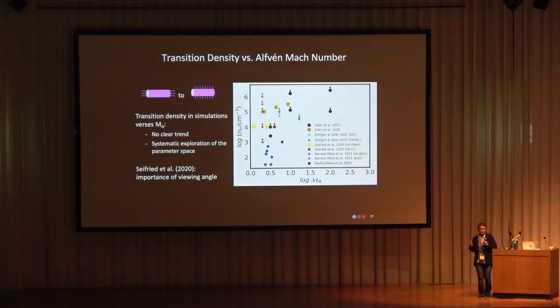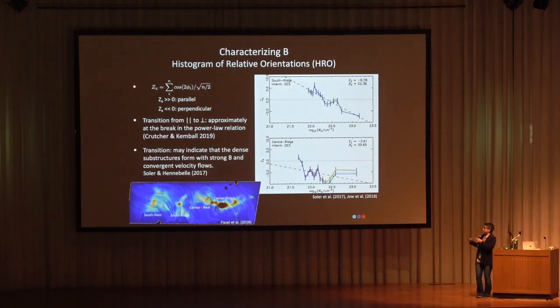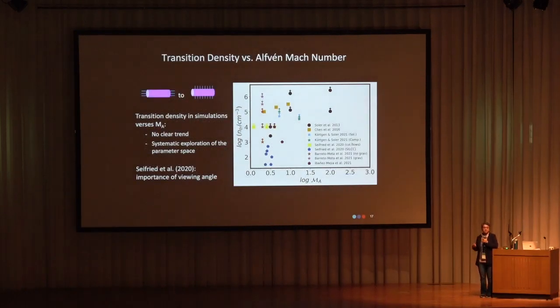So this transition may indicate that there are convergent velocity flows and may have a relation between the densities and the magnetic field. To investigate this further, we looked at the simulations that use HRO to look at the transition from parallel to perpendicular.